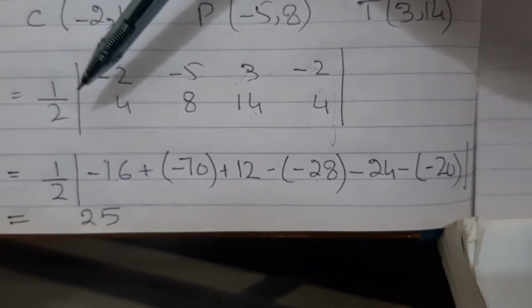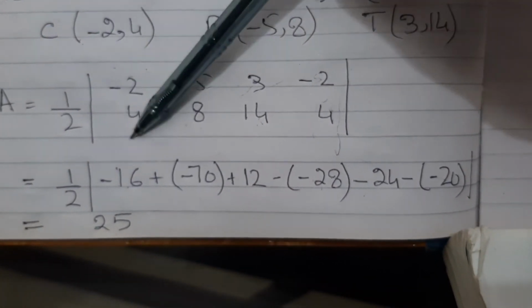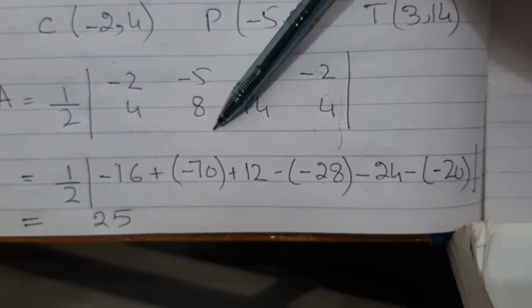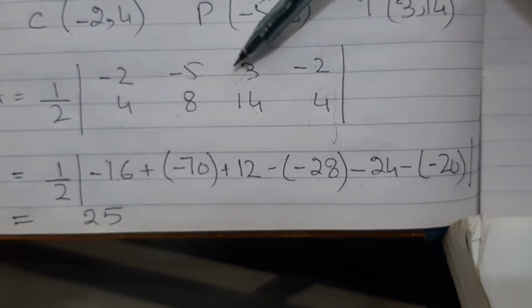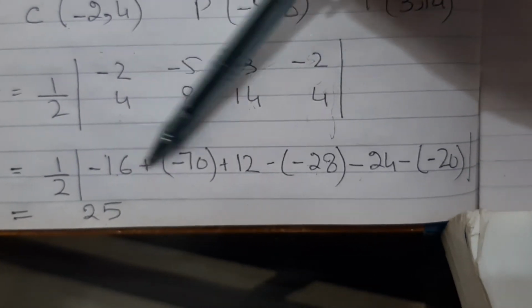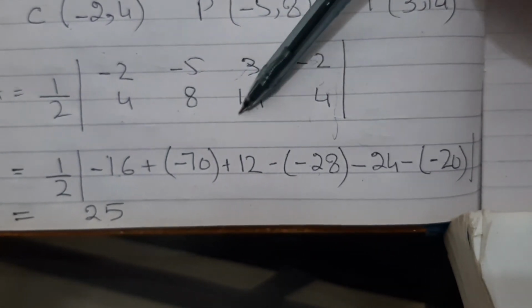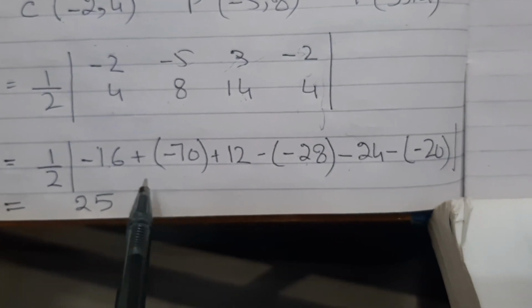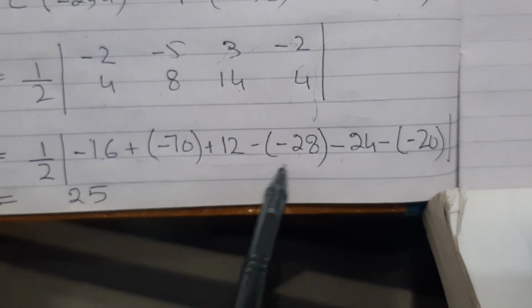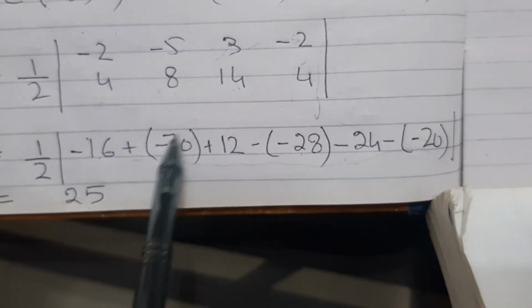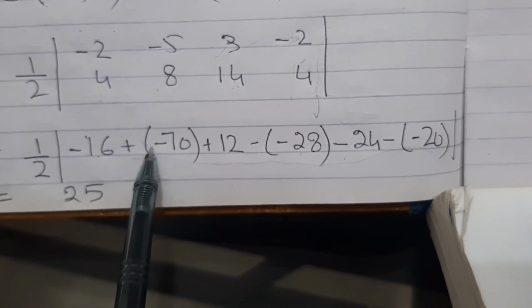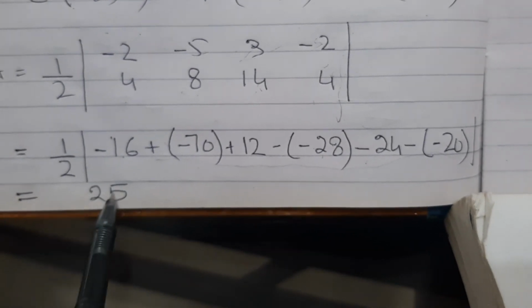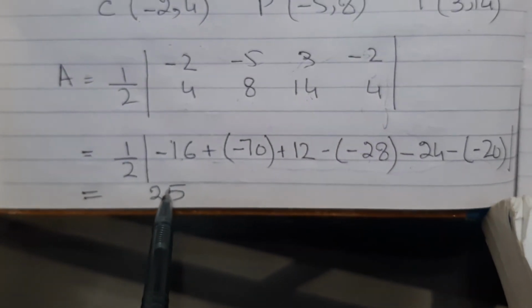So after writing the points in this form, you multiply and add, and like this you multiply and subtract. Then when you solve this, whether your number comes out plus or minus, you ignore the sign and just pick up the numerical value. That is the purpose of the modulus. And divided by 2, my area is coming 25.